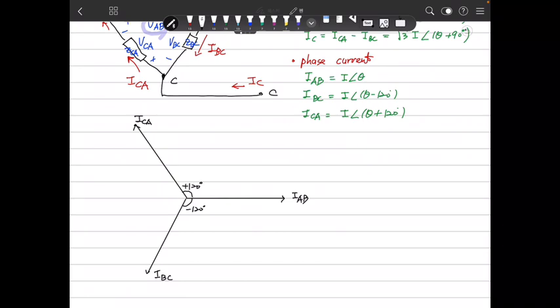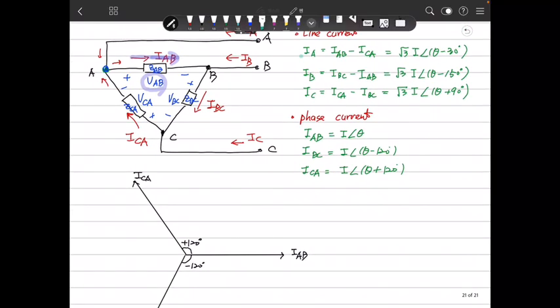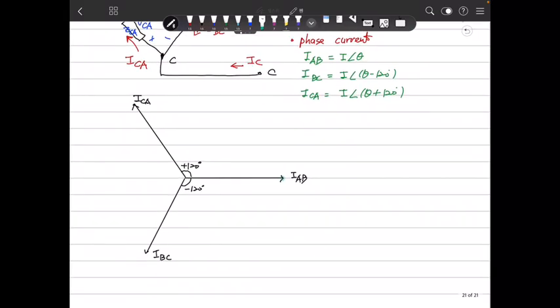And from here we get the line current IA, which is IAB minus ICA. ICA is this, but it's minus.